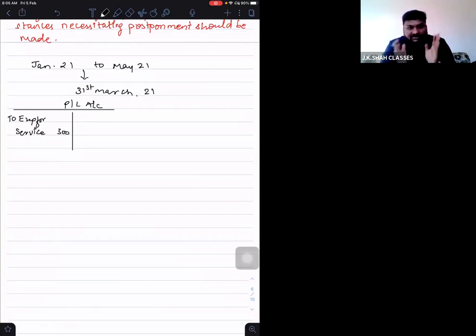Now we will put the matching concept here. Sir, the matching concept says that if you have an expenditure recorded on the debit side, you should have a corresponding income. So here I have to record revenue. But sir, AS 9 says that revenue should be recorded when the service is completed, because it is an indivisible service.